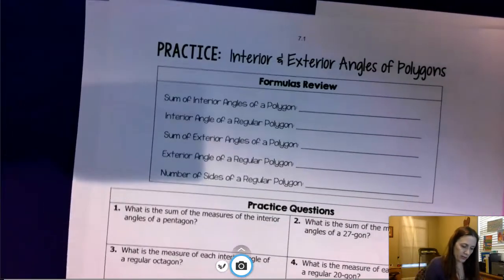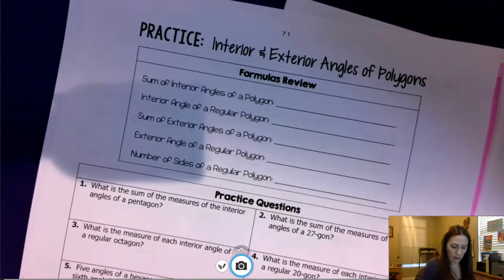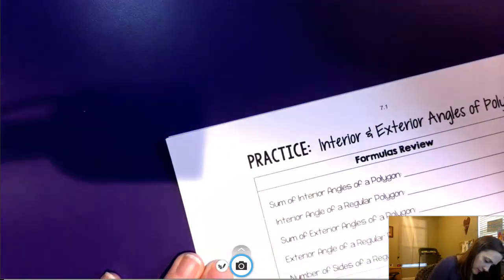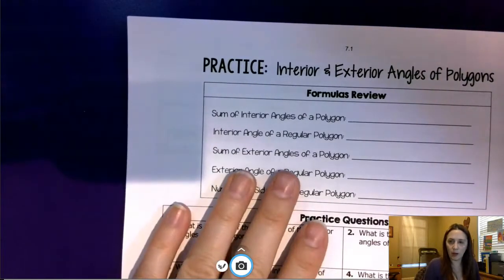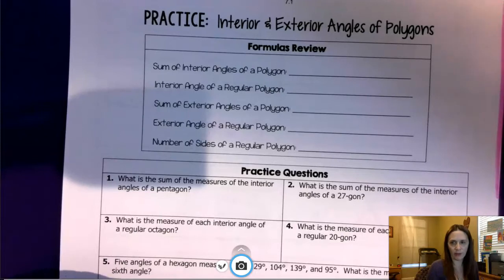Okay, so we have these new formulas here. You don't have to, but you may want to number them if you want to refer back to them for some reason. Anyway, sum of the interior angles of a polygon. So if you remember any of these without looking, pause, go ahead and fill them in.